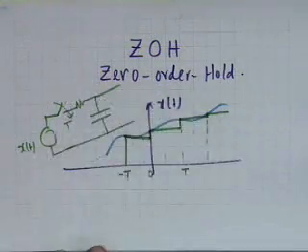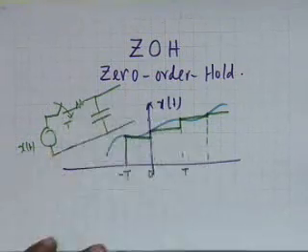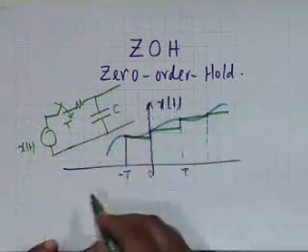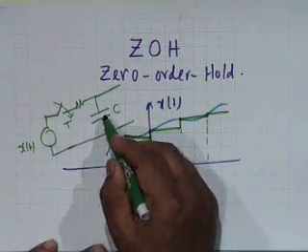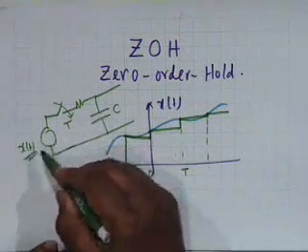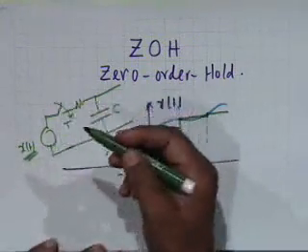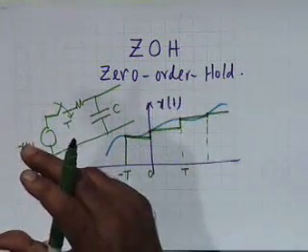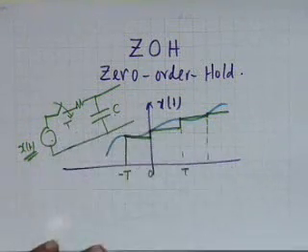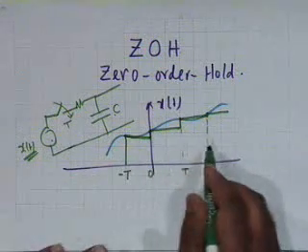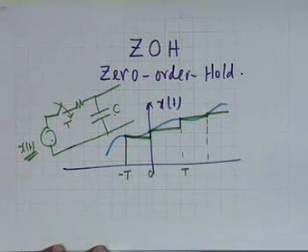Or this resistance has to be very small. It is a switch resistance, if you like. So what is happening is, when it is put on, the capacitor charges to the instantaneous value of x of t. Then it is put off, so the capacitor maintains its charge. When it is put on again, the new value of x of t is taken over by the capacitor, and so on. So it is called a zero order hold.